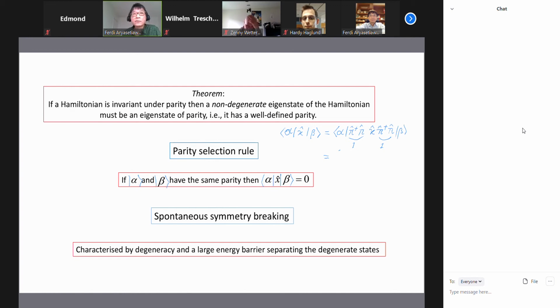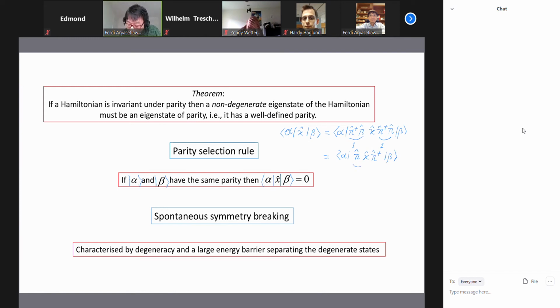And the eigenvalues can only be plus or minus 1. So if it is plus 1, then I can just replace this with alpha like that. And if it is minus 1, it's also okay because minus 1 times minus 1 is also plus 1. So then we have this.